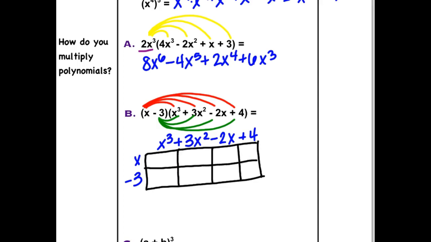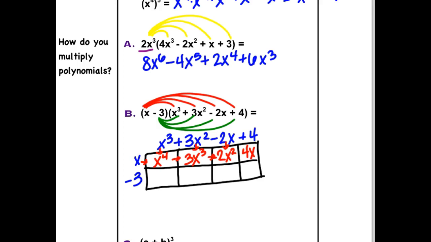So I have 4 terms up top, 2 terms on the side, so that's going to be 8 terms total. And then I multiply it out. So x cubed times x is x to the 4th. Then we have x times 3x squared, which is 3x to the 3rd. And then we have x times negative 2x, so negative 2x squared. And then x times 4, which is 4x.